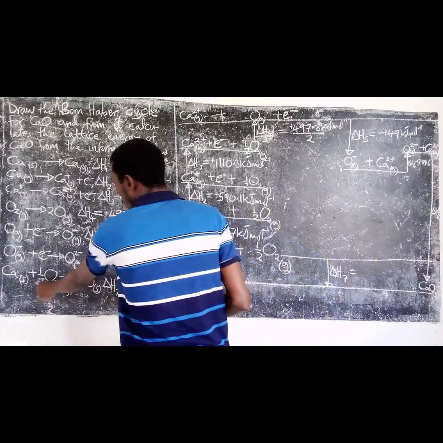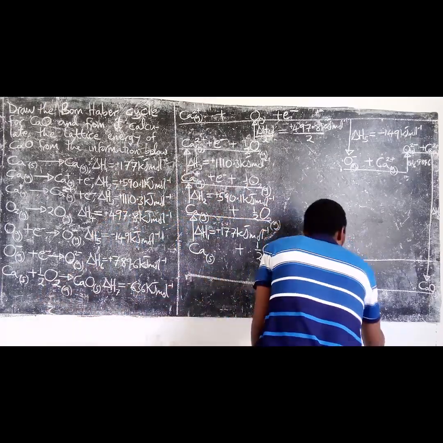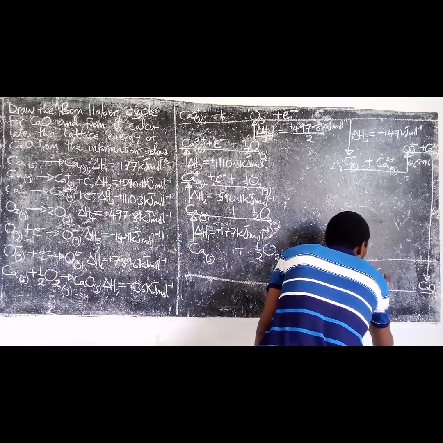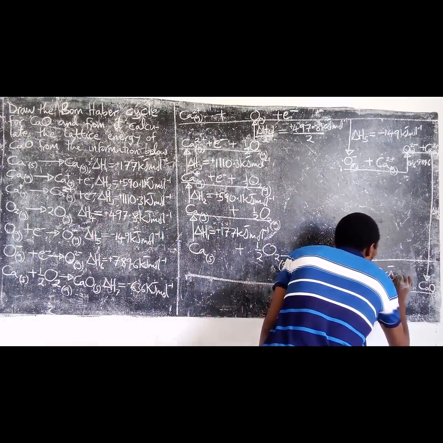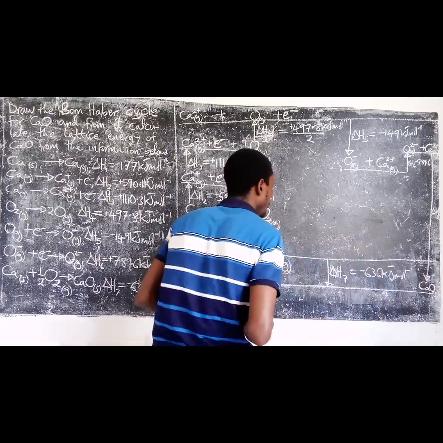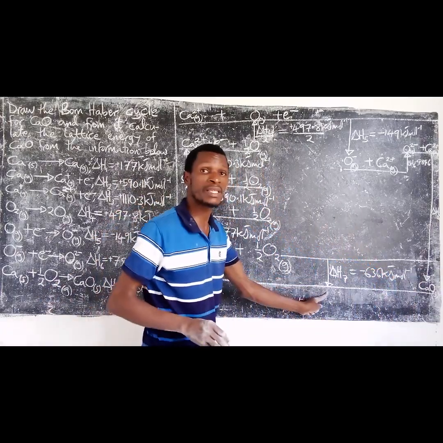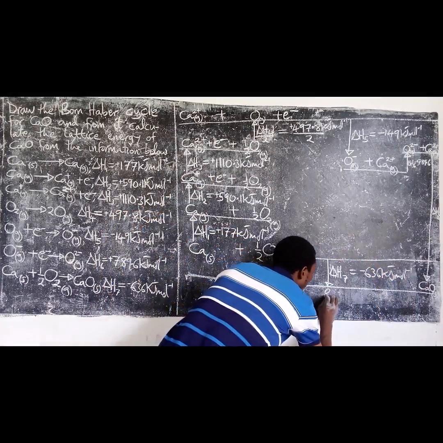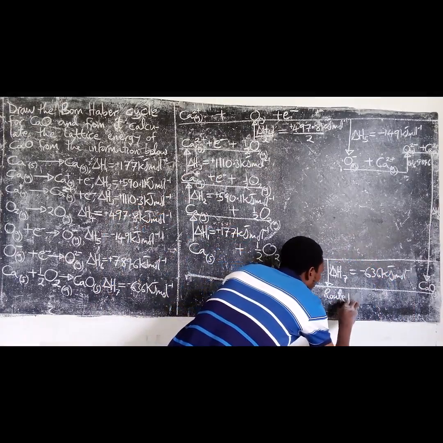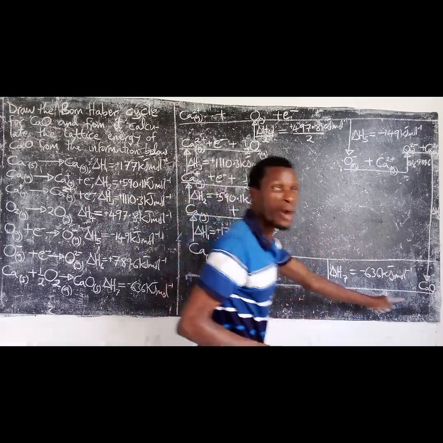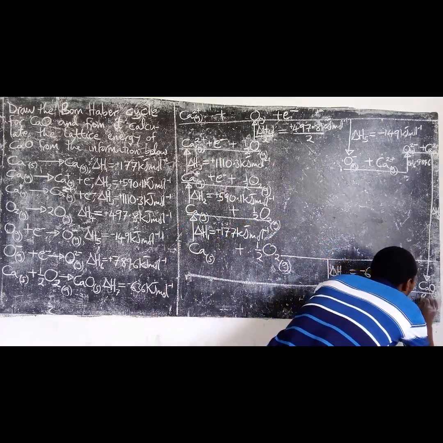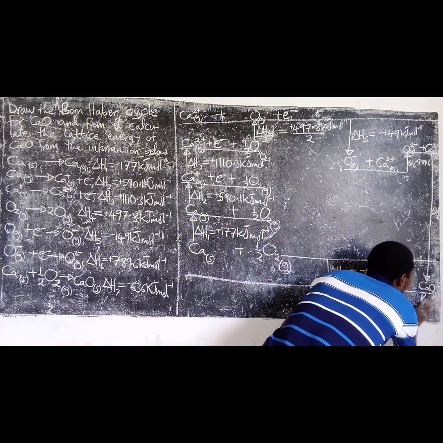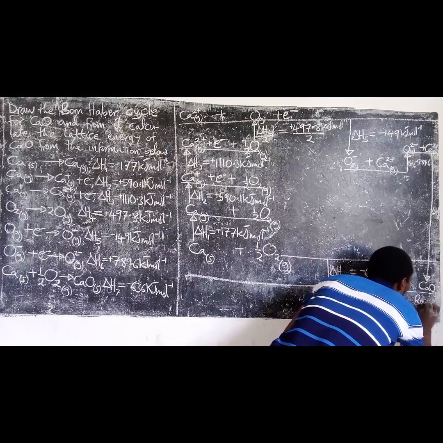Heat change 7 is the enthalpy of formation, which is negative 636 kilojoules per mole. So this is route 1, while this one is route 2.